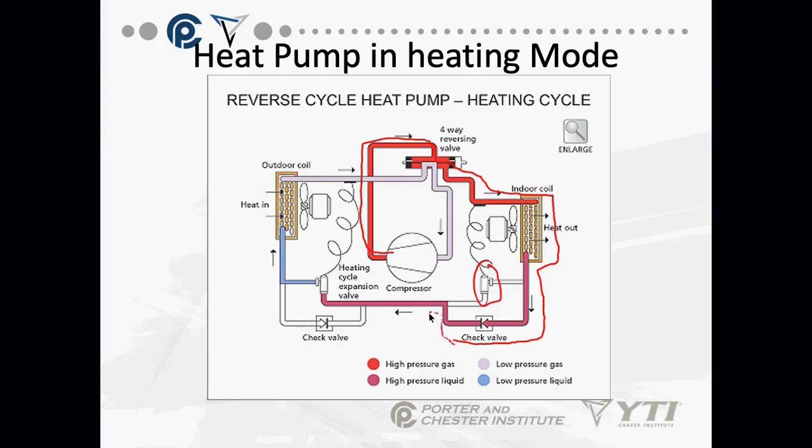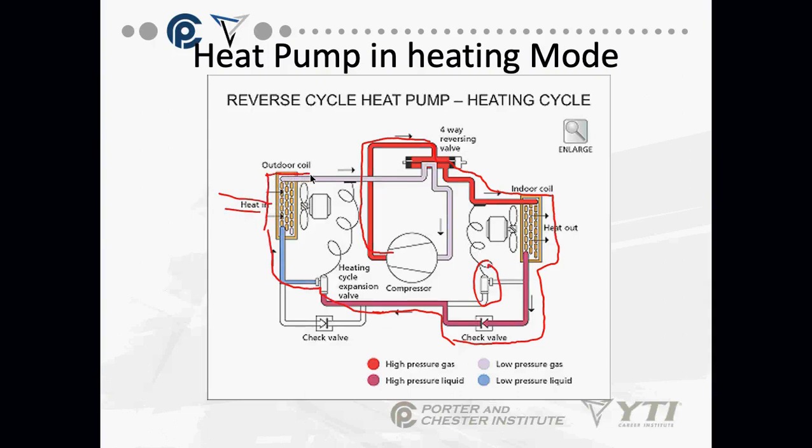I'm coming around through my liquid line, and I'm not bypassing this extra metering device. I'm now going through this metering device to drop the pressure so my refrigerant can boil off and absorb heat in the outdoor coil, because now I'm absorbing heat from the outside.